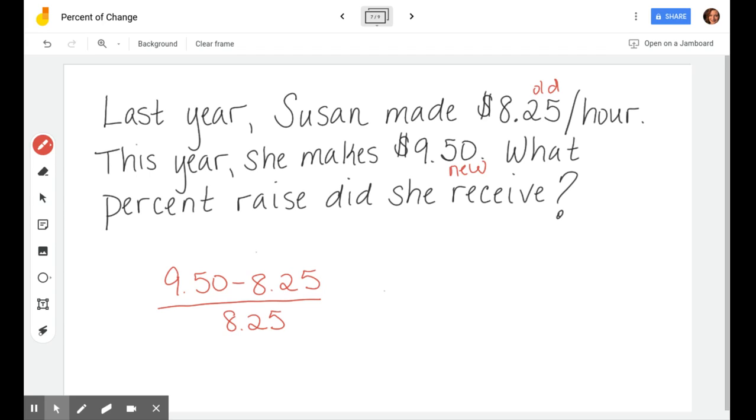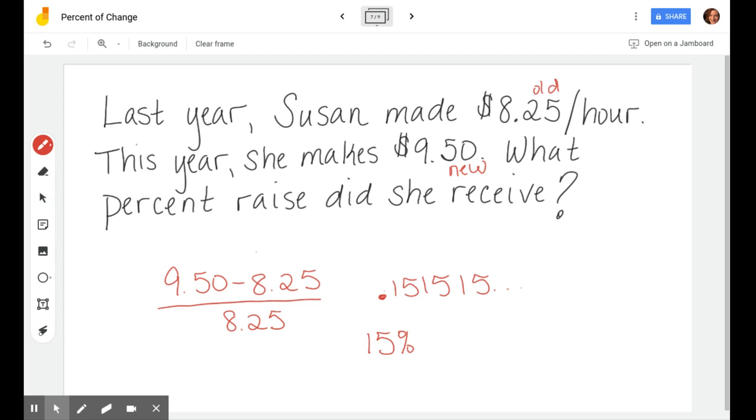This one's a big, long repeating decimal. It's 0.151515. Now, the reason why I didn't put the repeating bar is because I still have to scoot it. And you can't put that repeating bar in front of the decimal. It can only be over what comes after the decimal. So on this one, if you just want to round it and call it 15%, that's okay.